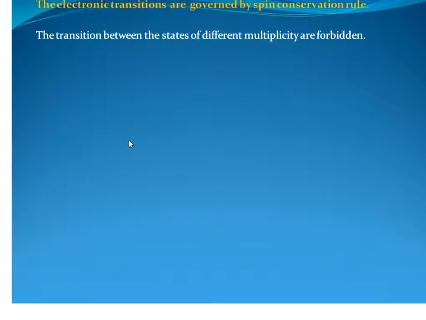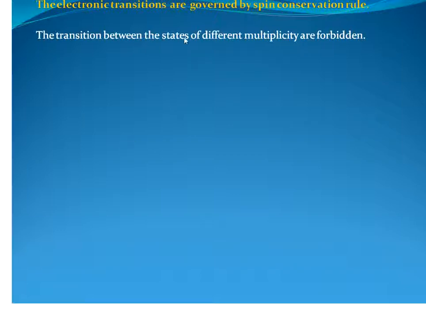Let's look at the electronic transitions. Electronic transitions are governed by the spin conservation rule. And how does the spin conservation rule state? It states that for both radiative and radiationless transitions, transitions between terms of the same multiplicity are spin allowed, while transitions between terms of different multiplicity are spin forbidden.